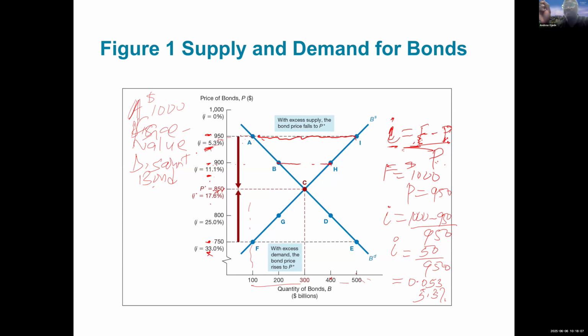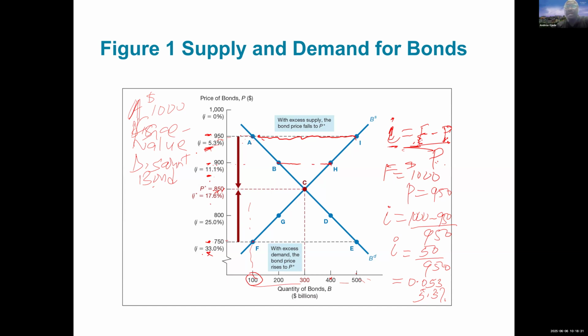So if the interest rate is very high, remember the supply of bonds represents borrowing funds. If I draw a line from 750, where the interest rate is 33%, I'm going to hit the supply curve at point F, meaning that bond issuers like governments and corporations don't want to issue a lot of bonds at a very high interest rate, because you don't want to borrow money at an interest rate of 33%.